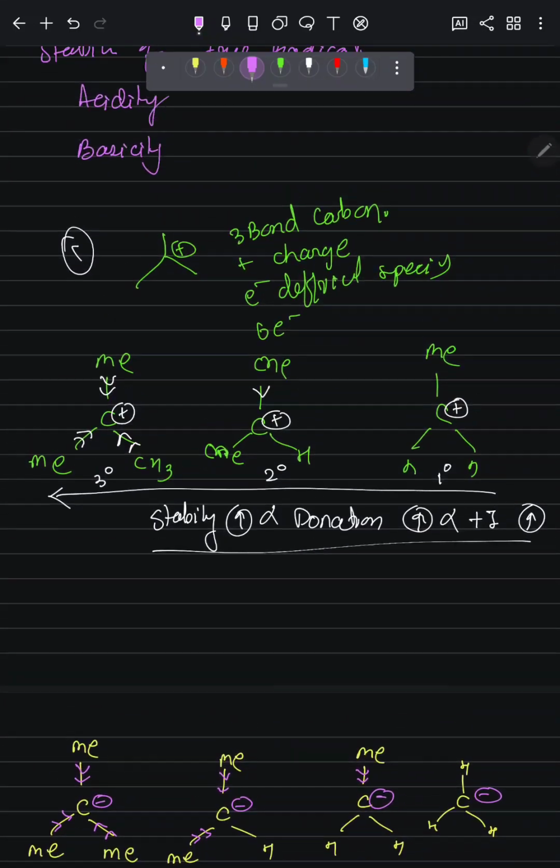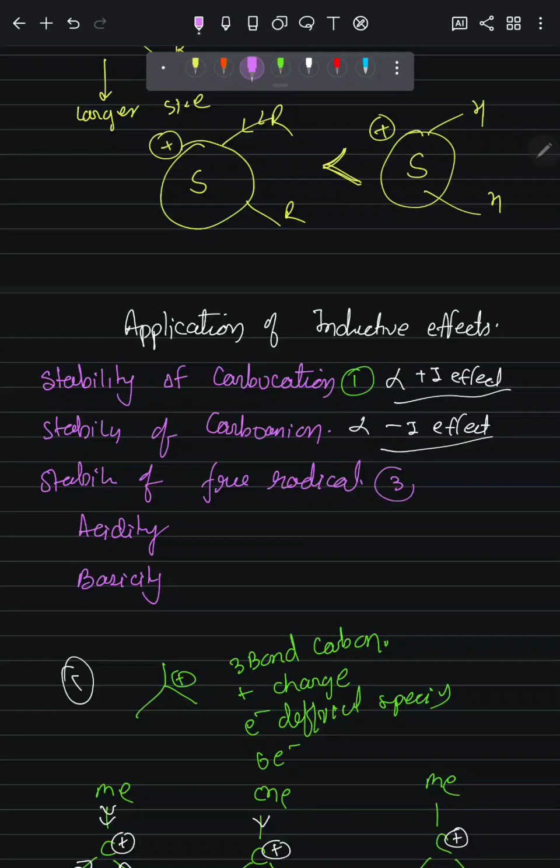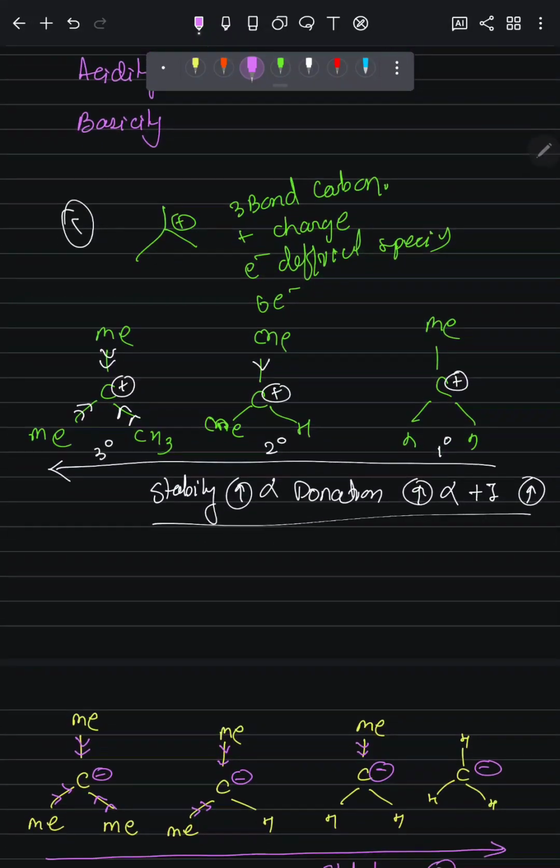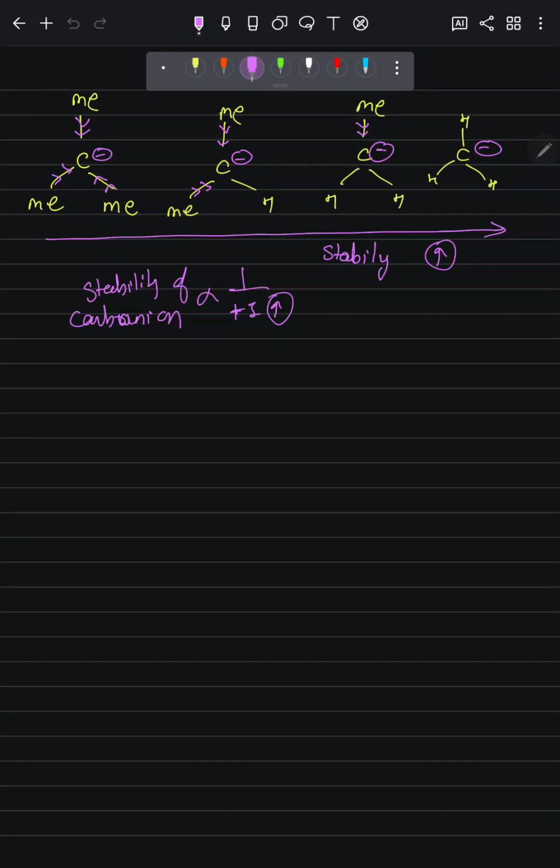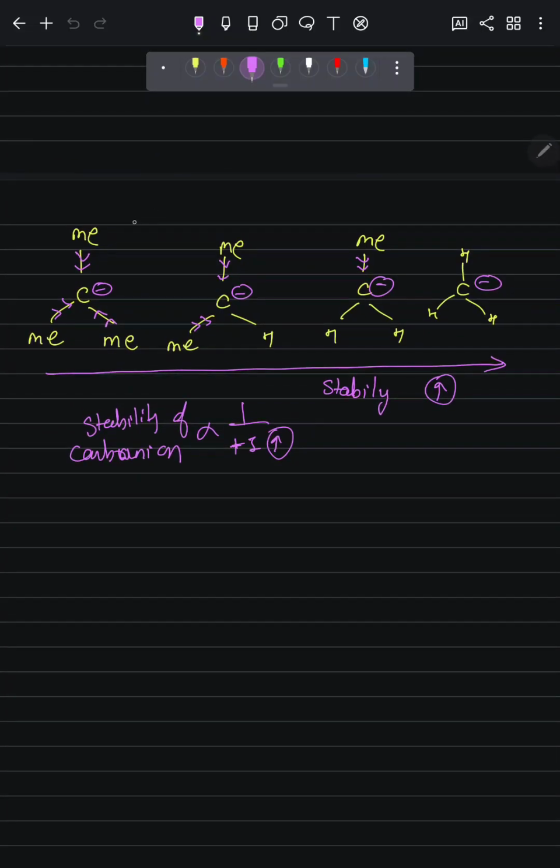And for the free radical, the third point, it is just similar to a carbocation. In the case of carbanion, we have 8 electrons, 1, 2, 3, 4, 5, 6, and for negative 7, 8 electrons, so it is an electron rich species.